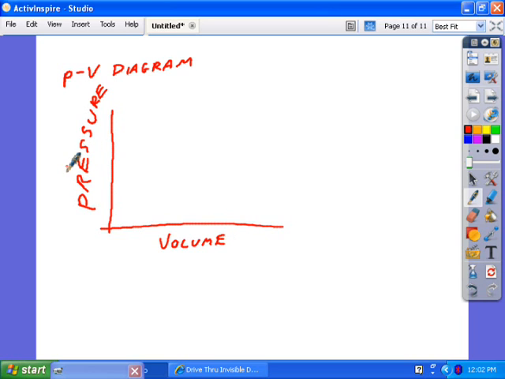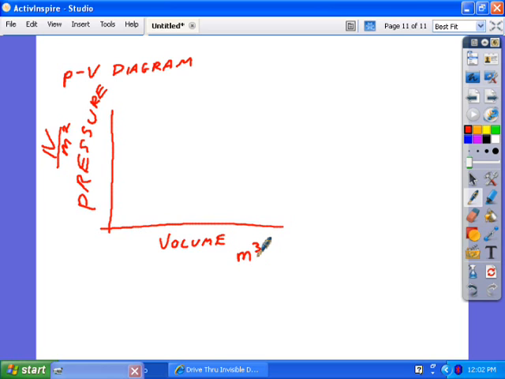Now, when we're talking about pressure, pressure is always measured in units of newtons per meter squared or pascals. Okay, we might be dealing with kilopascals, but for the most part it's going to be in newtons per meter squared. When you're talking about volume, you're going to be using units of meters cubed.